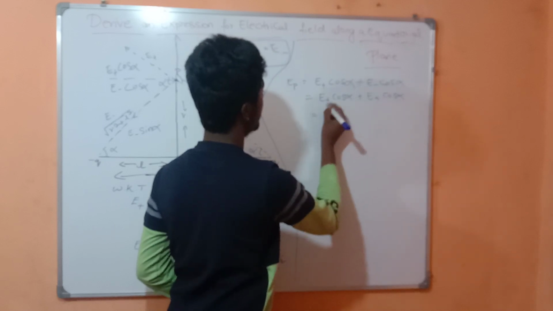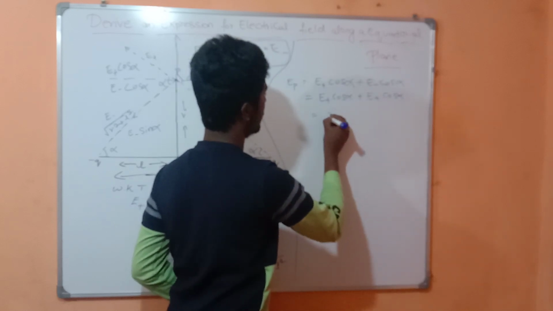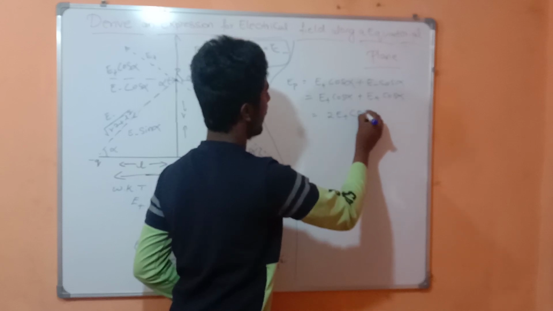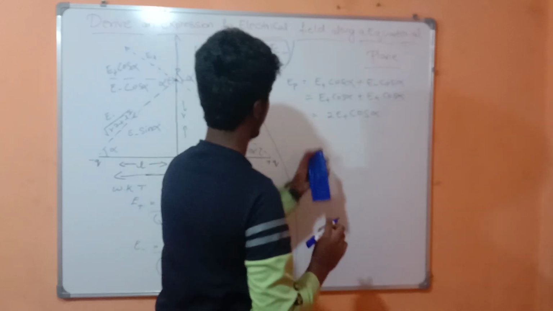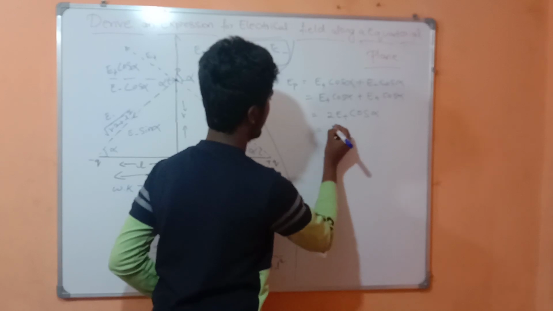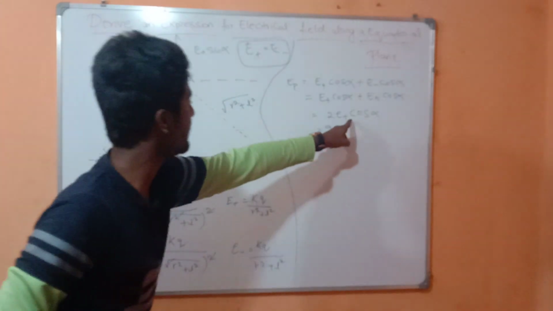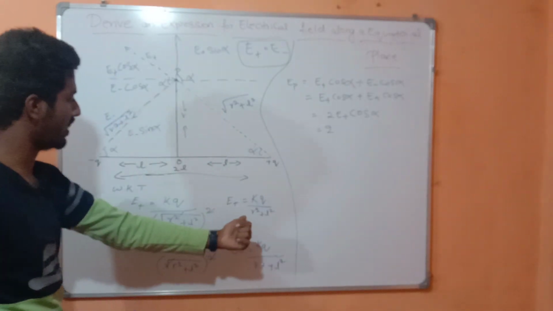What happens? Adding both, 2E plus cos alpha. Now, let me substitute the value of E plus. What is the value of E plus?